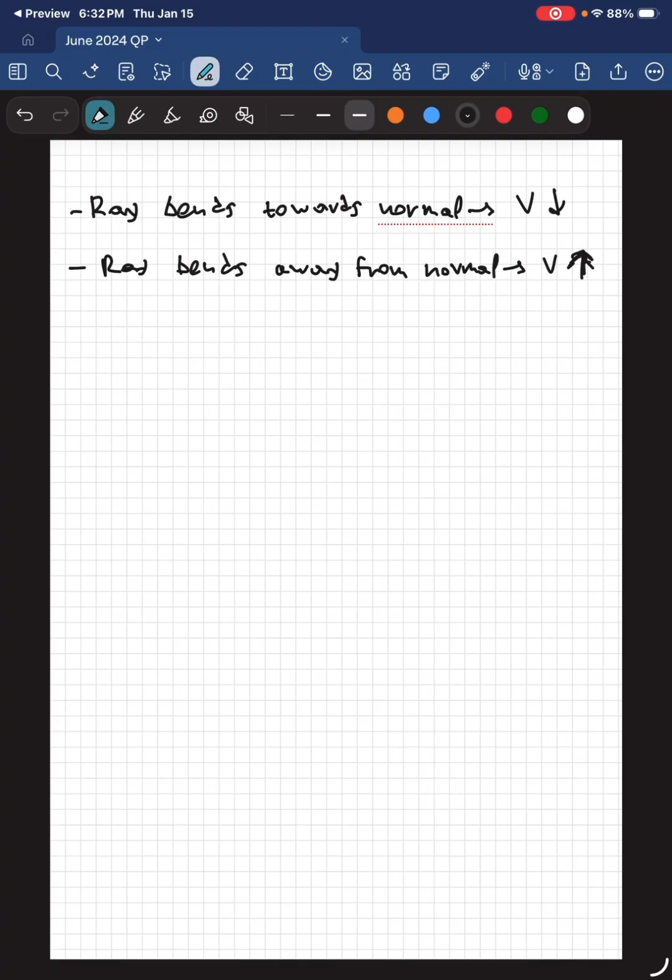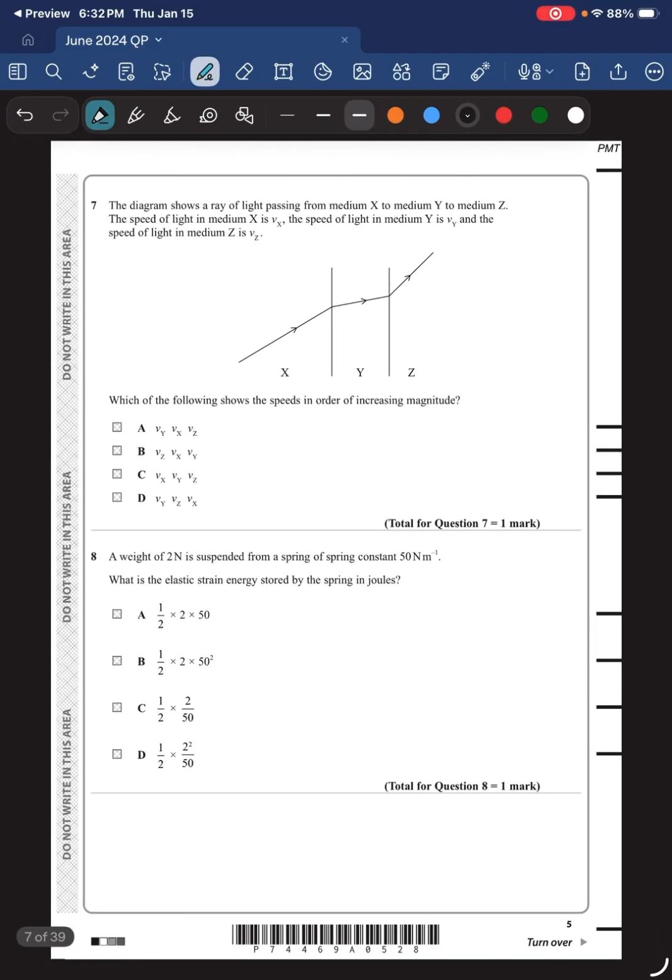Okay, so let's go look at the scheme. So let's start here. We see that the ray of light bends away from the normal, therefore V in the region Z is larger than V in region Y, okay? Yes, and now in this region we see that V, let me think.